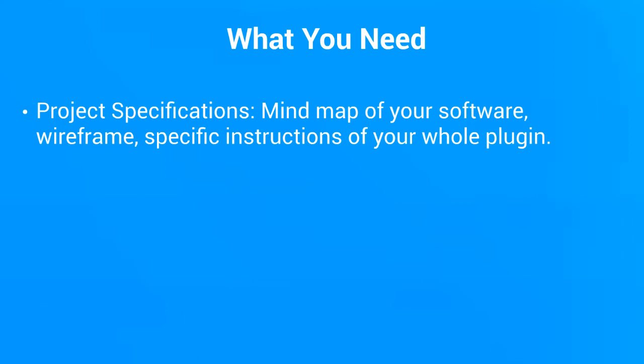You can't just say, hey, I need this and that. I need you to clone this program or anything like that, because you really need specifics. You need project specifications in hand. Now, I'm going to assume that you already have that right now, because my main focus in this video course is to focus on helping you hire that programmer.